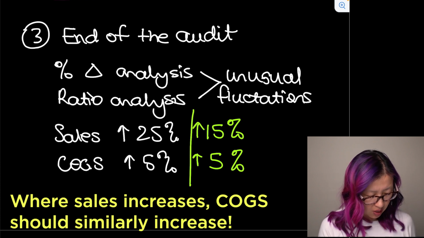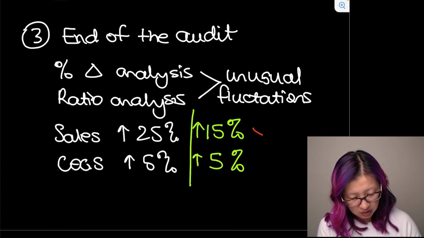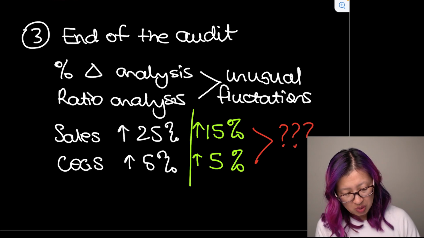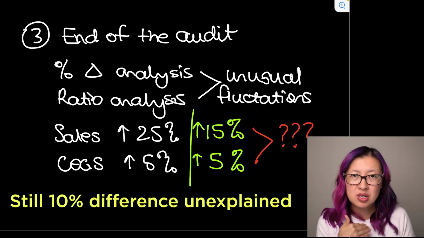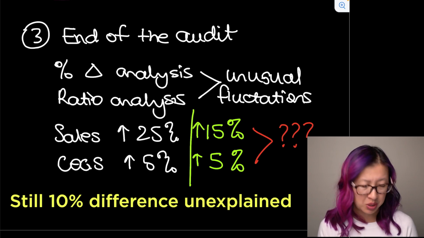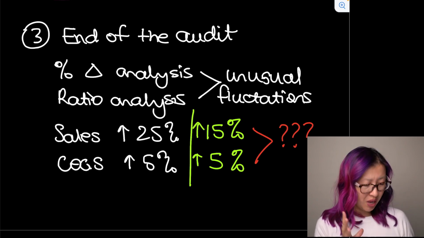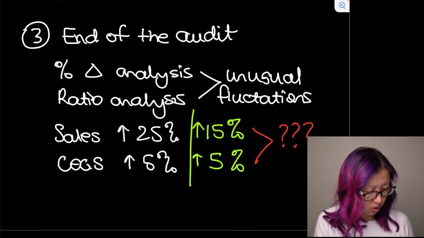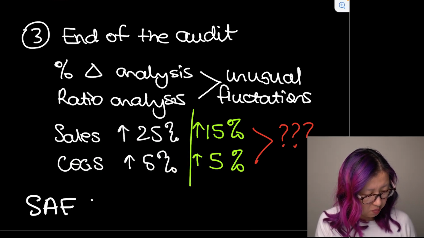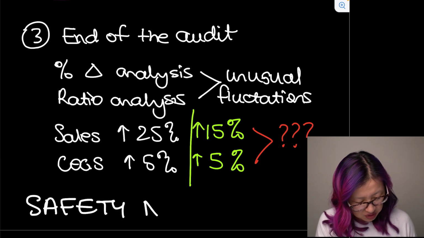So here, again, we still have question marks. Things like, what is going on here? What is accounting for the extra 10% difference? So we actually use analytical procedures at the end of the audit as a bit of a safety net.